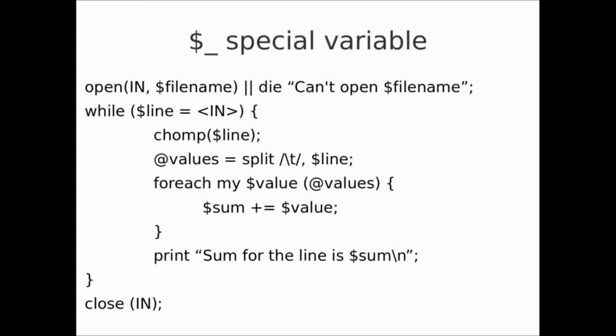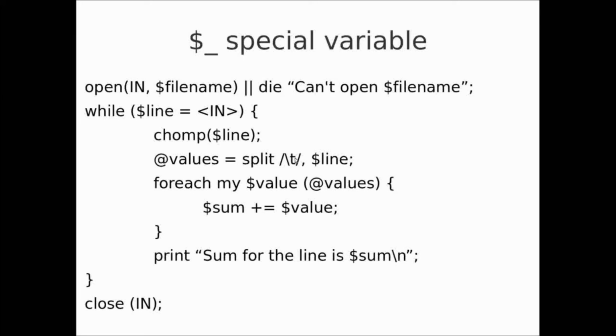So here we have some code where we open a file, we read a line, so while $line is equal to <in>, we're going to do this loop. So the first thing we do is we remove the new line. We take that line and we split it on tabs. Remember, \t means a tab.